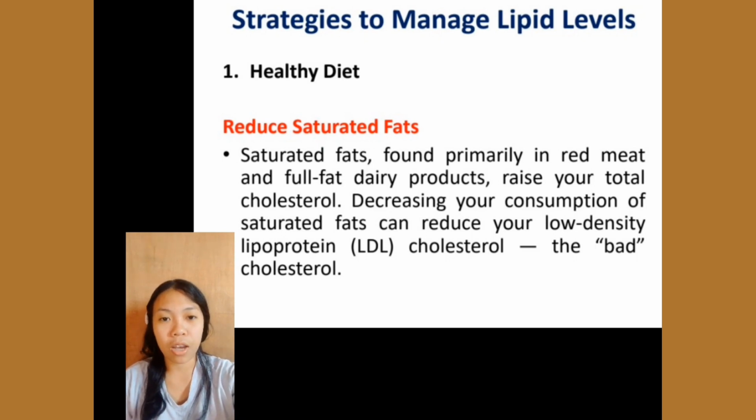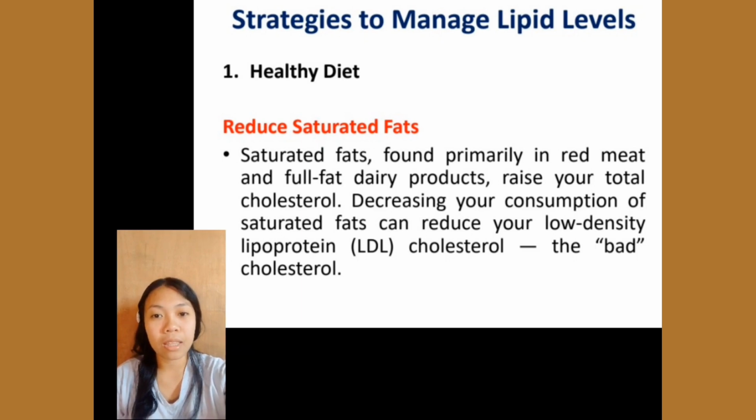Saturated fats, found primarily in red meat and full fat dairy products, raise our total cholesterol. Decreasing our consumption of saturated fats can reduce our low density lipoprotein or LDL cholesterol, which is the bad cholesterol.